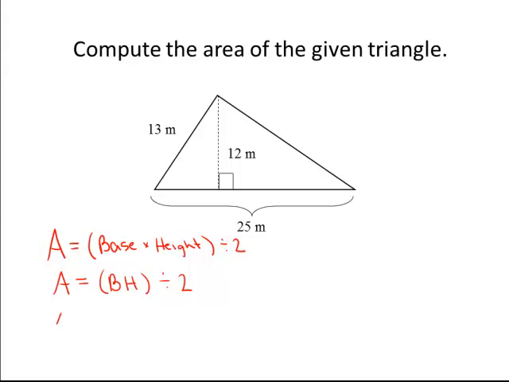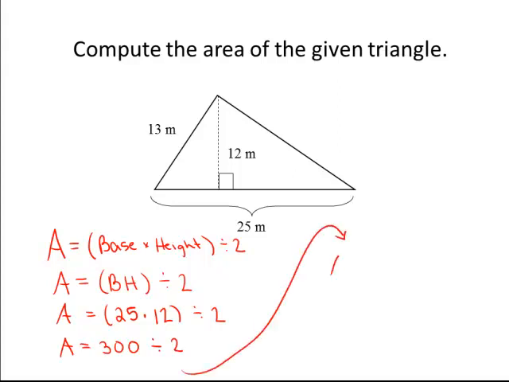For this triangle, the base is 25. The height runs perpendicular to the base, so the height is 12. So we need to calculate 25 times 12 divided by 2. 25 times 12 equals 300. 300 divided by 2 is 150.